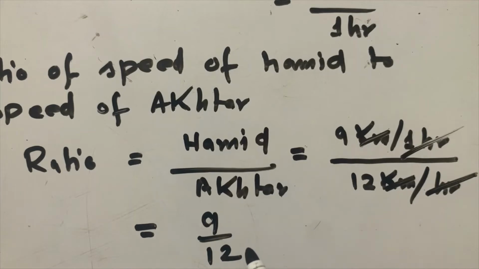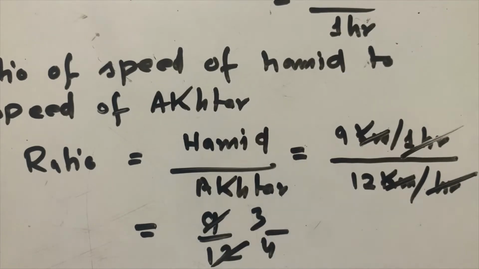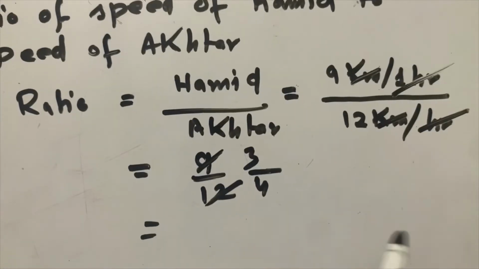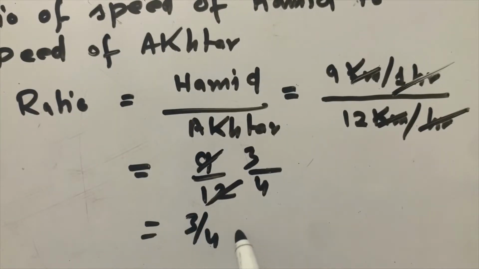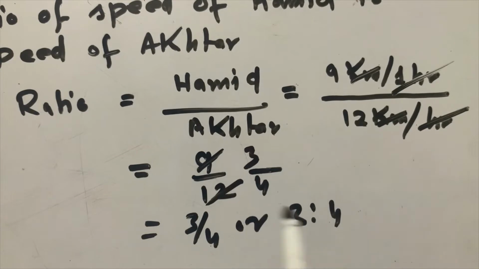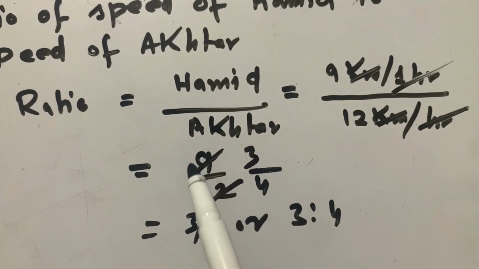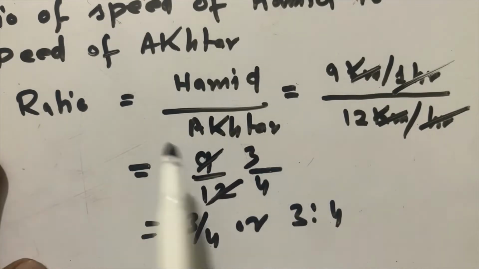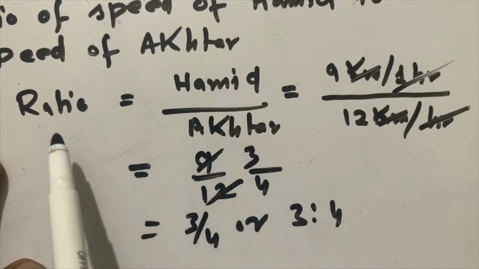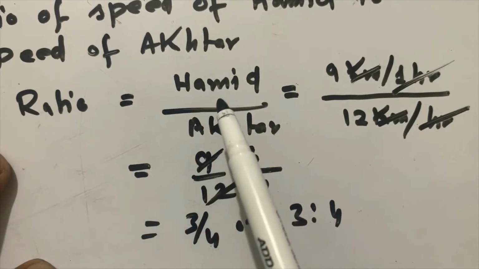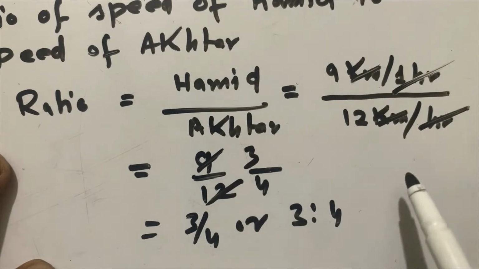Now if we read the table of 3, 3 3s are 9, 3 4s are 12. So therefore we got the answer 3 is to 4, or 3/4. The ratio of speed of Hamid to the speed of Akhtar is 3 is to 4.